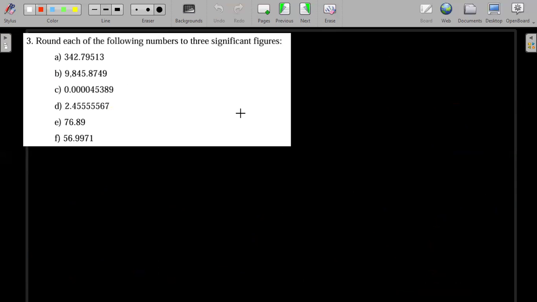So here they're saying this is just rounding off. I believe we don't have anyone who has a challenge on rounding off. But anyway, let's do 2 or 3. Okay, so here they're saying round each of the following numbers to 3 significant figures. Okay, so the first one is 342.79513.